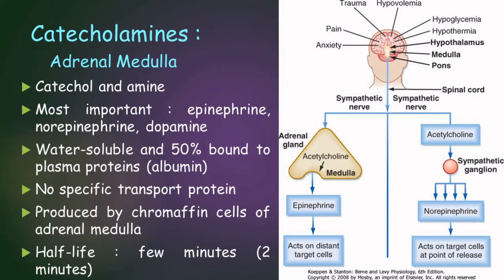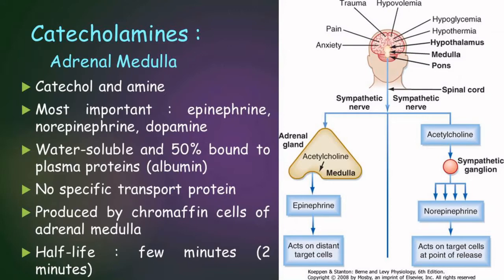These hormones are water soluble, and 50% of it is bound to plasma proteins. There is no specific transport protein, and these hormones are produced by the chromaffin cells of the adrenal medulla. Half-life is approximately 2 minutes.